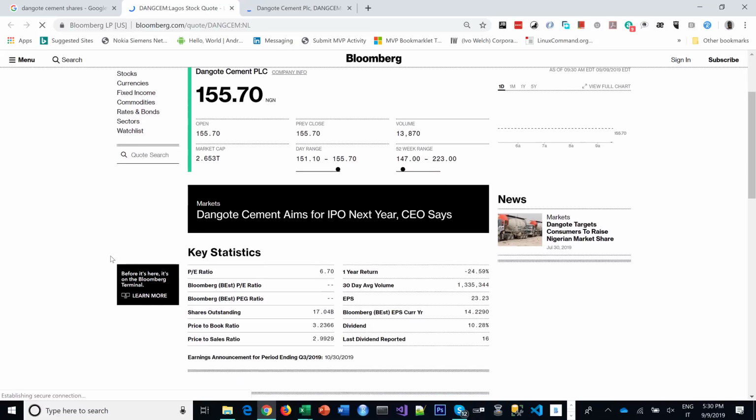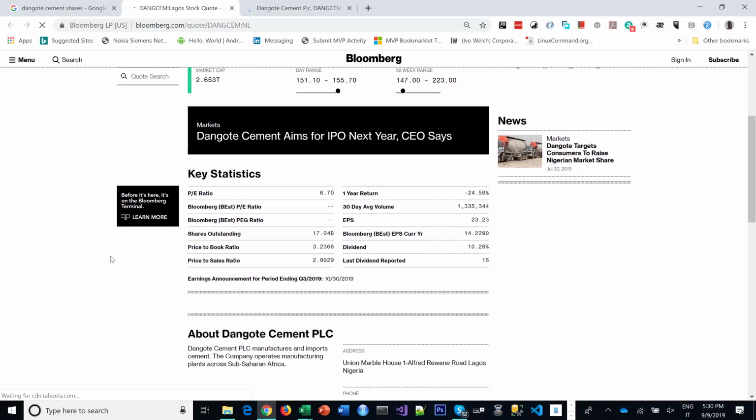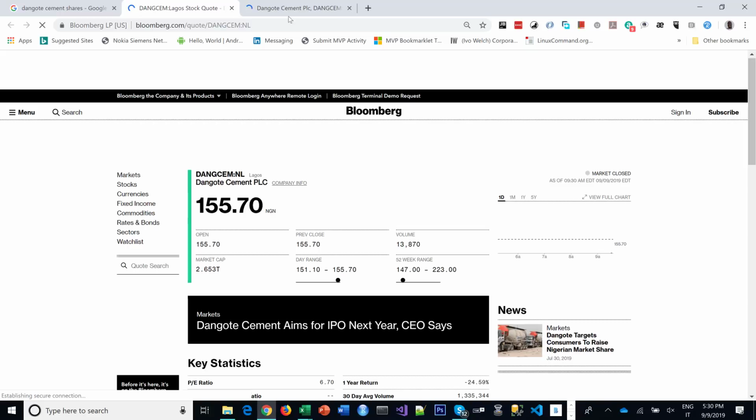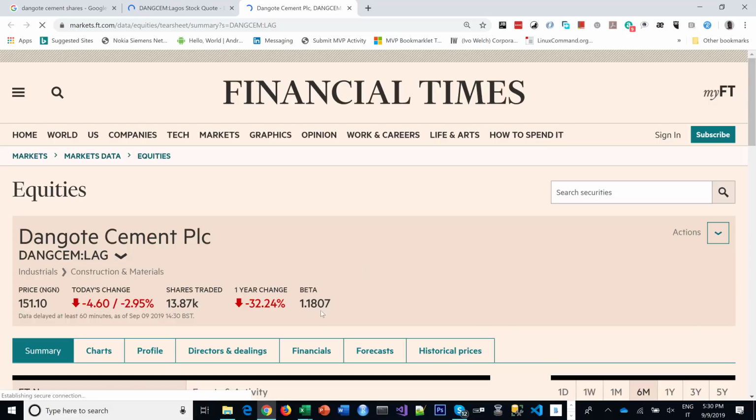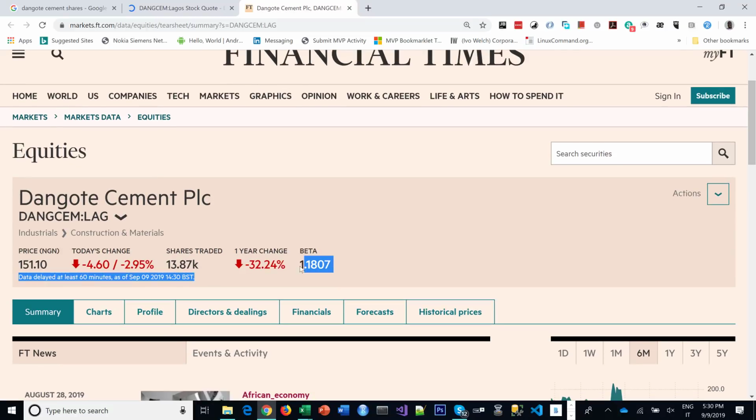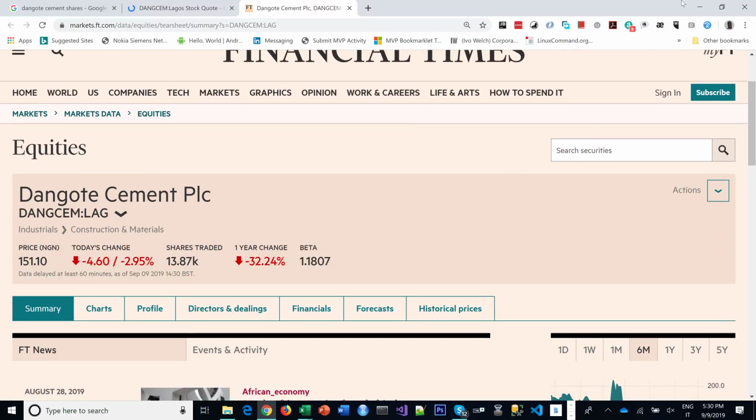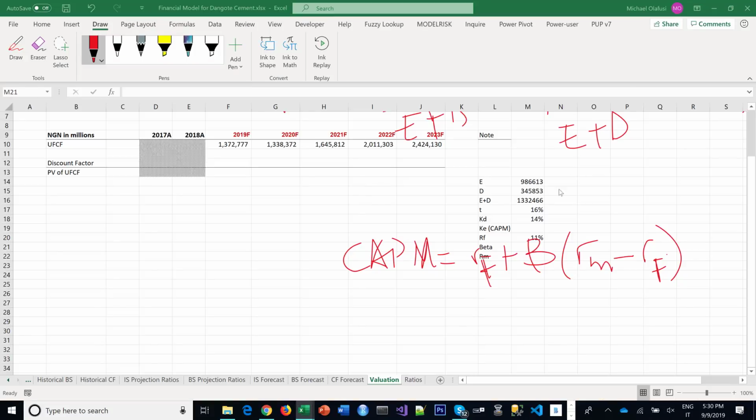Let's see if I can see it here. Okay, Bloomberg didn't give me. Let's check Financial Times. Why is it taking this long? Okay, so I can see 1.180. That's usually the fastest way, instead of having to calculate variance and covariance. So I can just plug that in there.